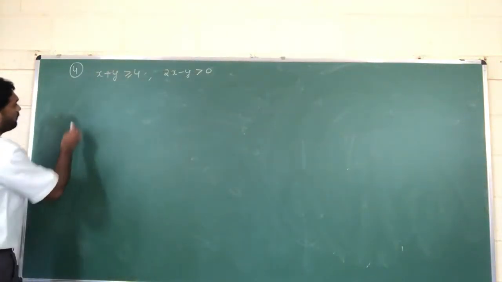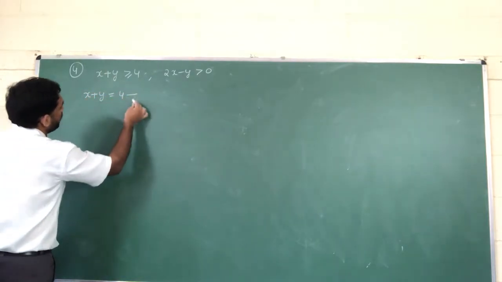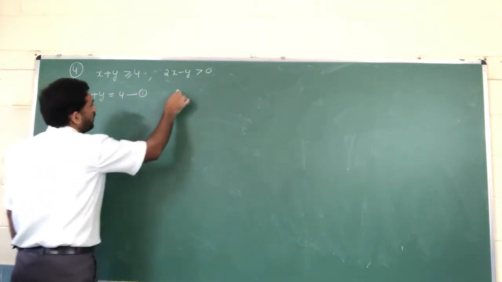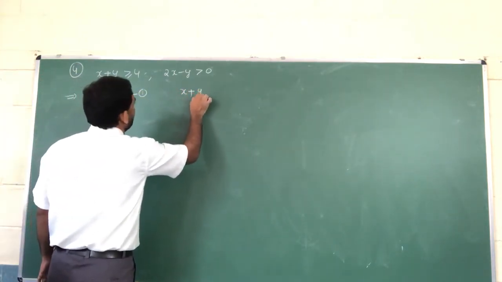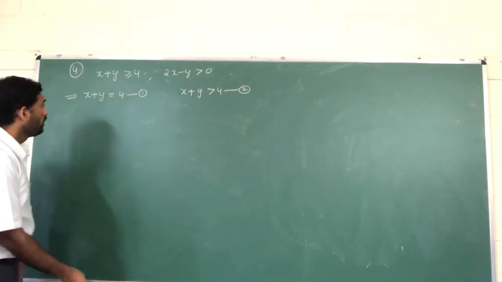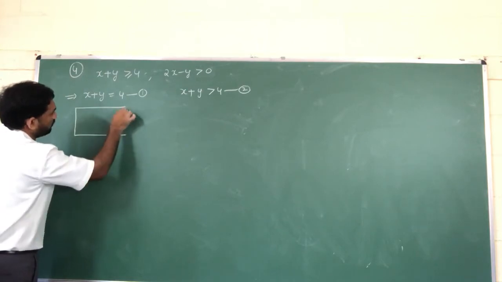Now take the first one. x plus y equal to 4, equation number 1. x plus y greater than 4, equation number 2. Now take a box for equation number 1.